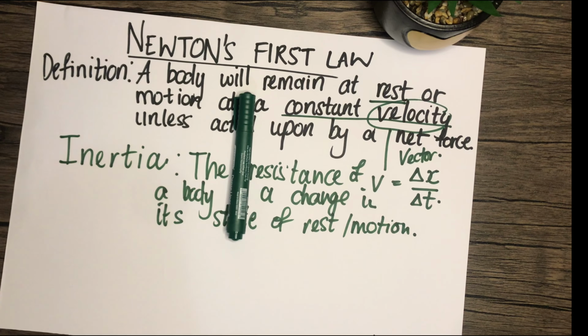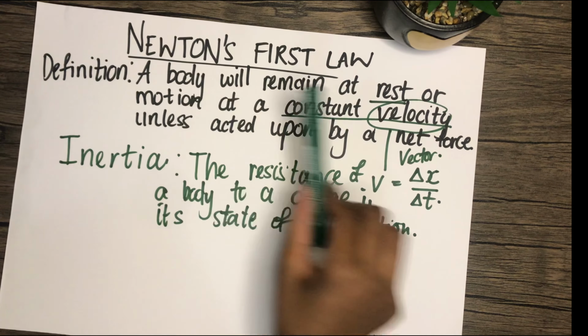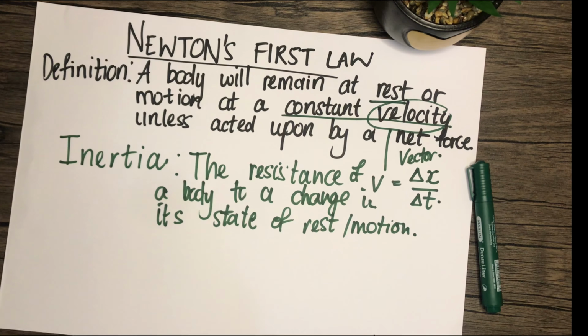Maybe the maximum speed there is 100 kilometers per hour. While you're driving on the highway, a certain car comes in front of you, or you see a certain animal passing by, and you have to apply the brakes.